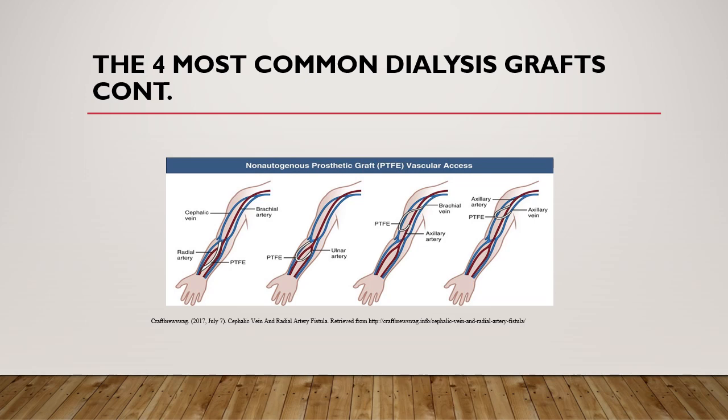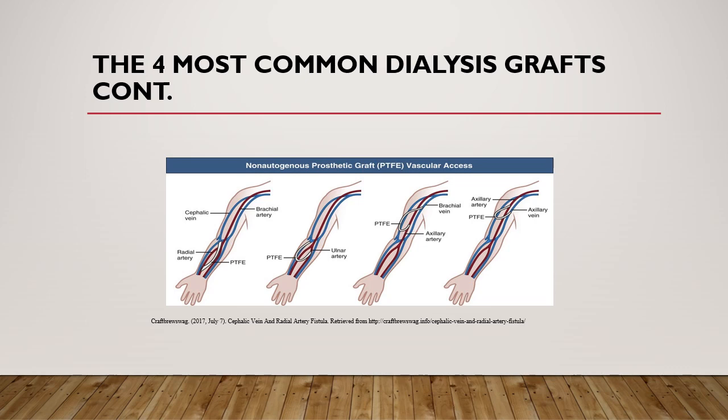The four most common dialysis grafts you can see here. Here you can see the forearm straight graft. You can see the forearm loop graft. You can see the upper arm graft also in the third image, and also in the fourth image of this patient.